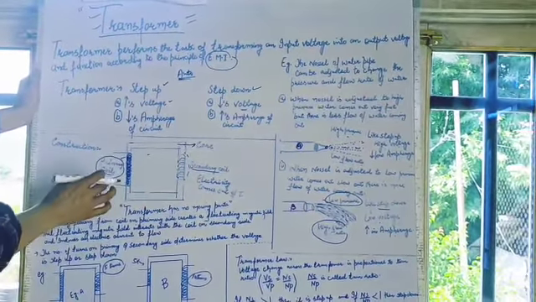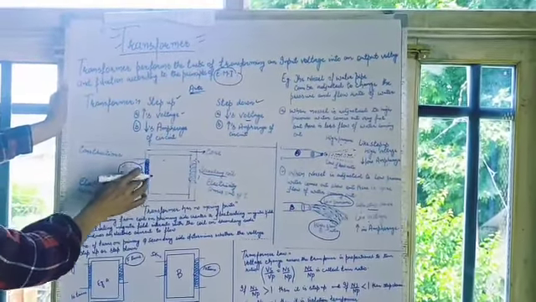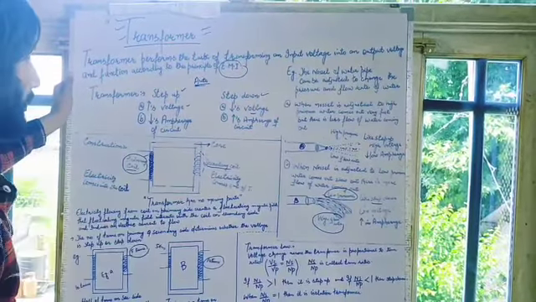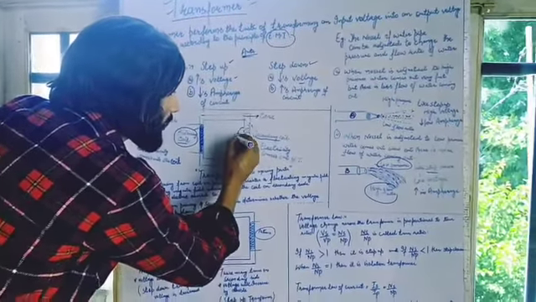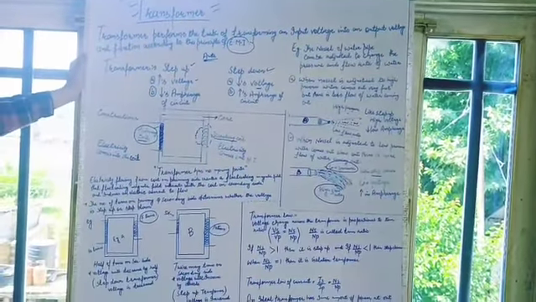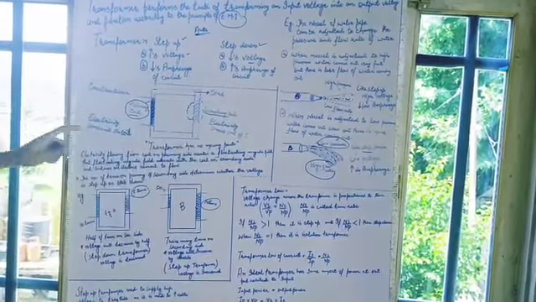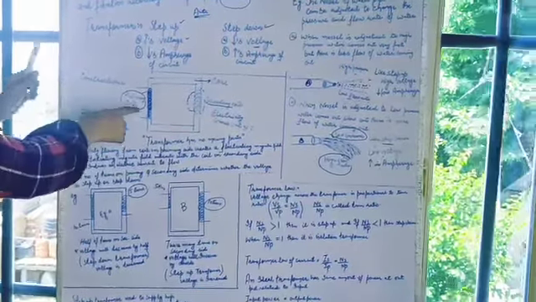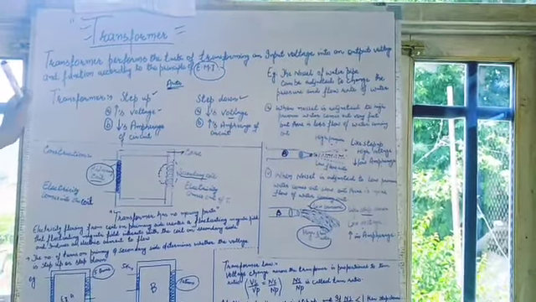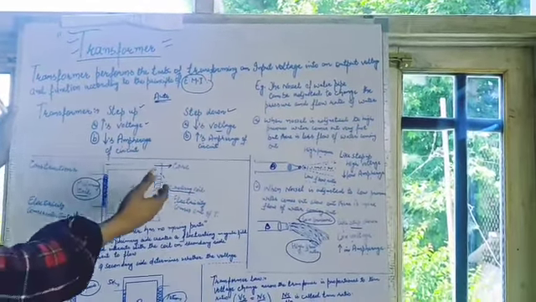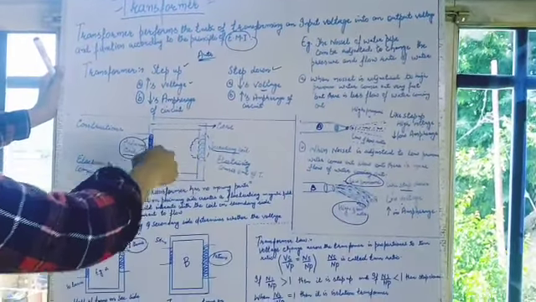This fluctuating magnetic field interacts with the secondary coil, and when it interacts with the secondary coil, it induces an electric current to flow. So simply, the current flowing through the primary coil creates a fluctuating magnetic field, which interacts with the secondary coil and induces the current to flow.